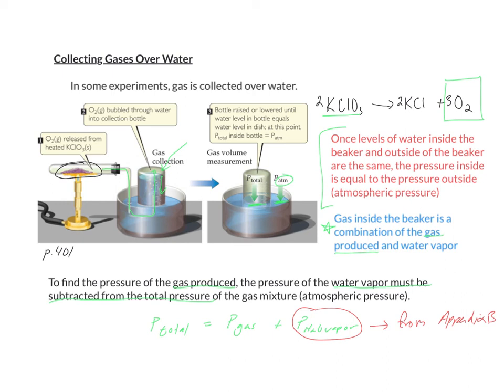You look this up, or it's going to be given in a problem. And this is the pressure of H2O vapor at various temperatures. So depending on the temperature of the conditions in the problem, you would find that temperature in Appendix B, then find the corresponding pressure of water vapor, and then just plug that in here so you can solve for either the pressure of the gas or P total, but mostly you're going to be solving for the pressure of the gas.